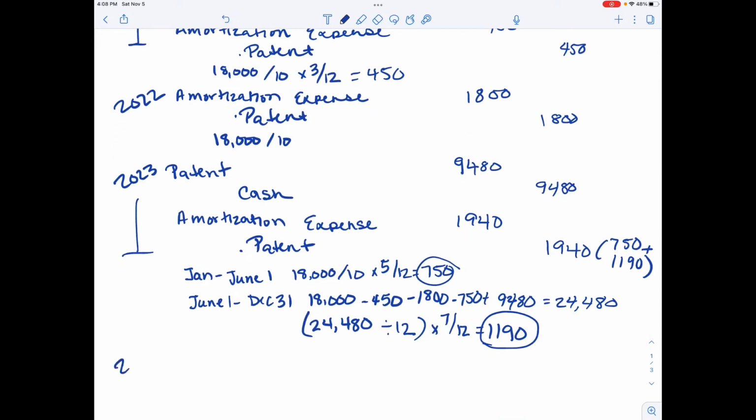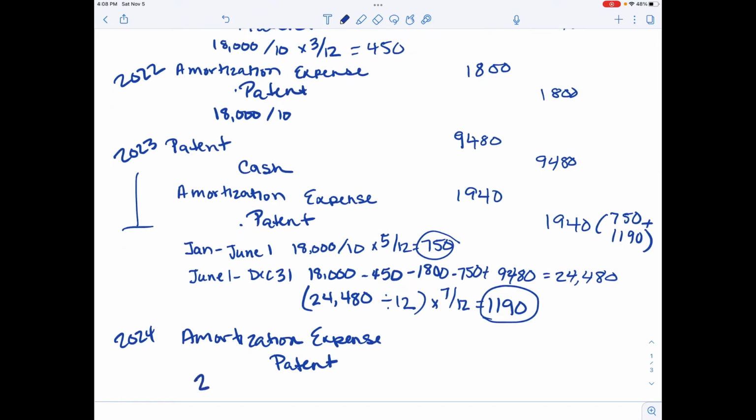And then finally in 2024, again, debit the amortization expense, credit that patent, but now we're back to that straight line amount. No weird things going on here. Just divide that by 12 and you get 2040.